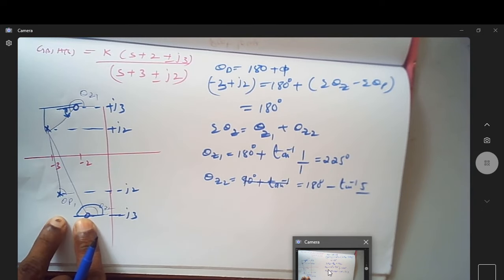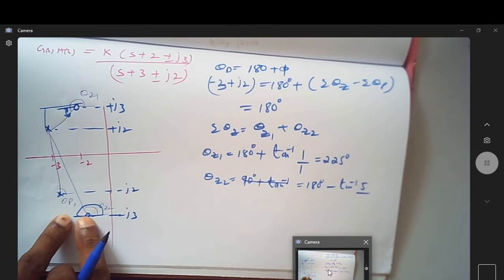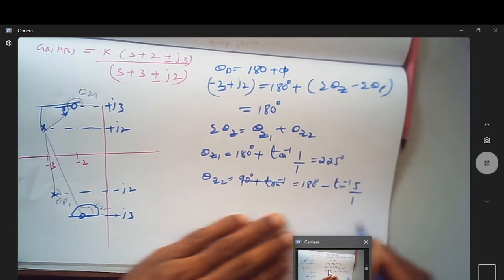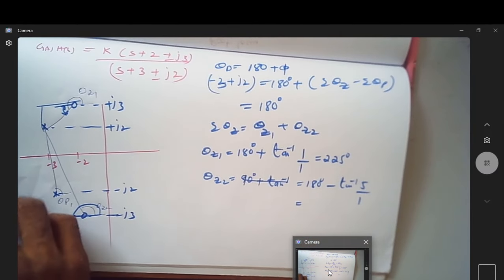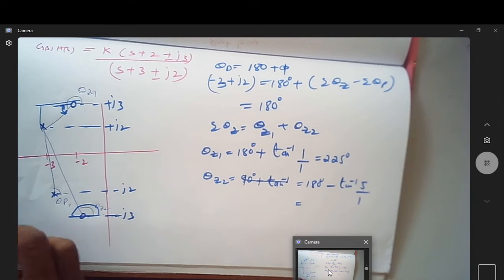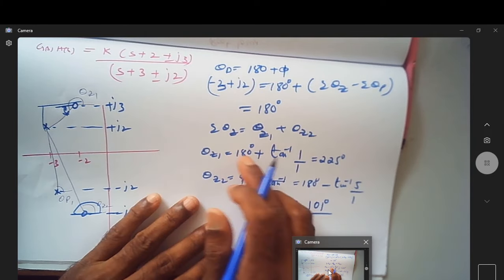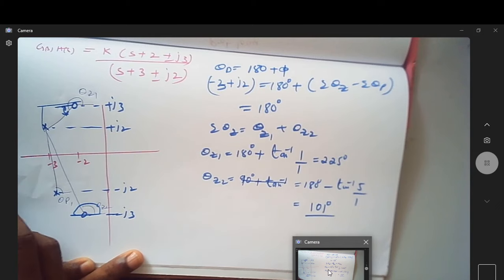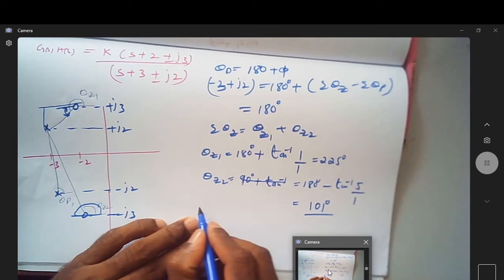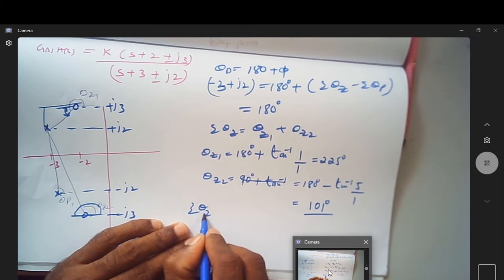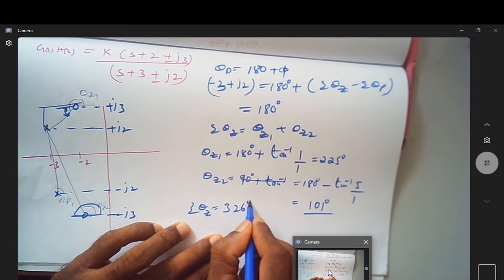So this angle is 180 minus tan inverse of 5. As we found in the previous example, this is 101 degree. So you need to sum these two: 101 plus 225. Overall, summation of theta z is 326 degree.